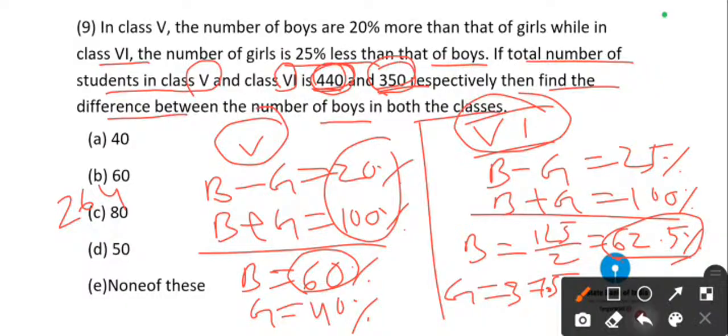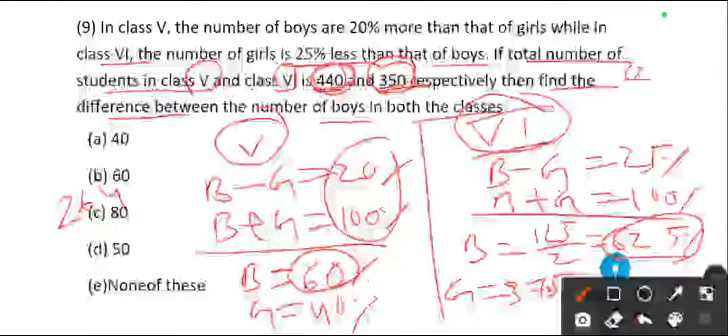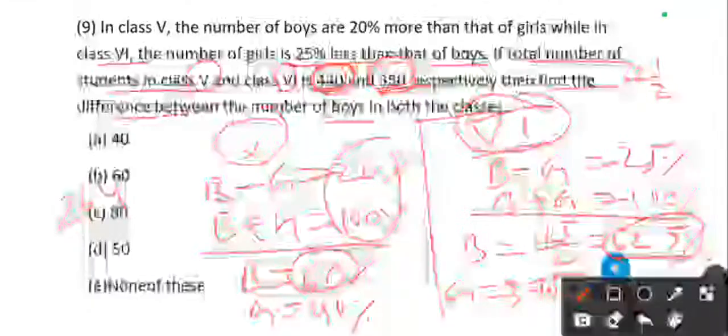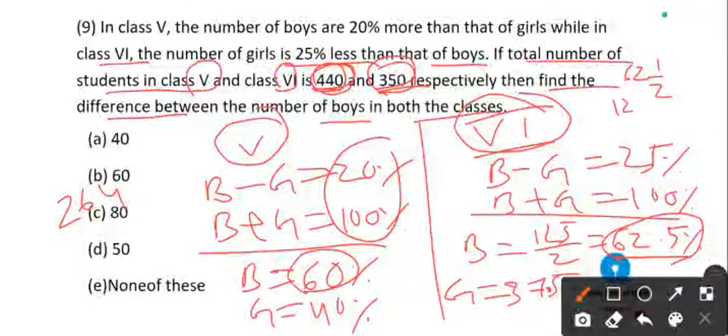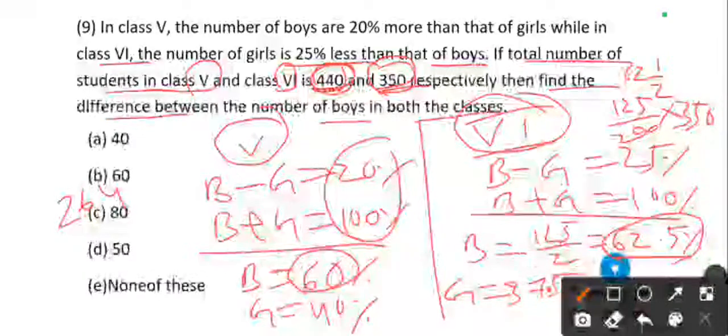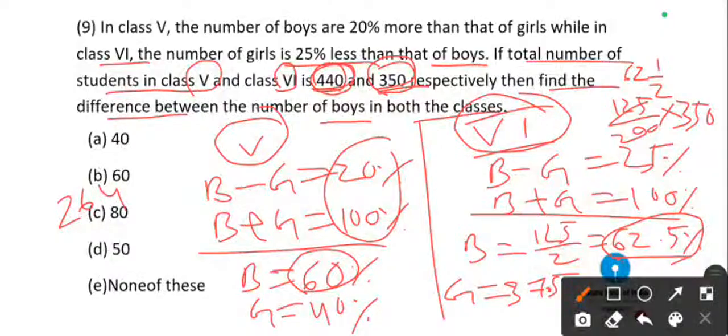Sorry, instead of 62.5 we write 125 divided by 200 percentage of 350 as the total boys in class 6. So this will be 5 times and 8 times, 5/8. Okay, it is fine, 5/8.